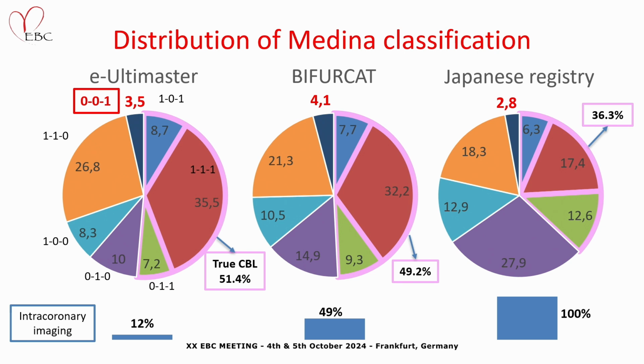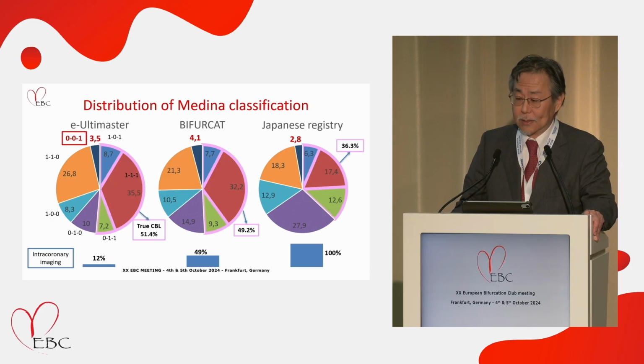However, in these trials, intracoronary imaging guidance is not so frequent, 12% and 49% respectively. In the Japanese registry, with 100% imaging guidance, the frequency of true bifurcation is lower, 36%, because of the accurate assessment of the side branch region.